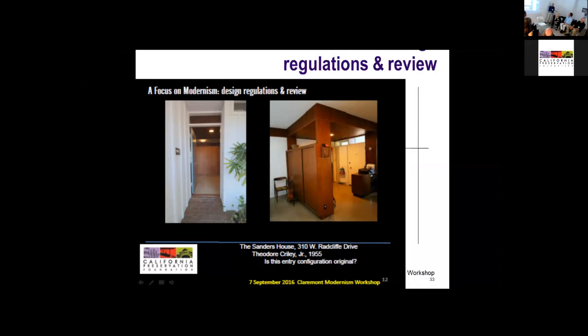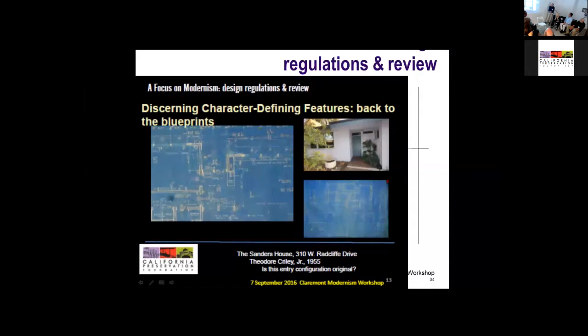And then just understanding what the design aesthetic was, what the design intent was, which features are indeed the primary features, which are secondary, which are tertiary, where there is some flexibility for updating the building, and where we really have to focus our restoration efforts. So to get to that point is a lot of work, but if you do it right, it can be really successful. And in the end, you hope you're right.